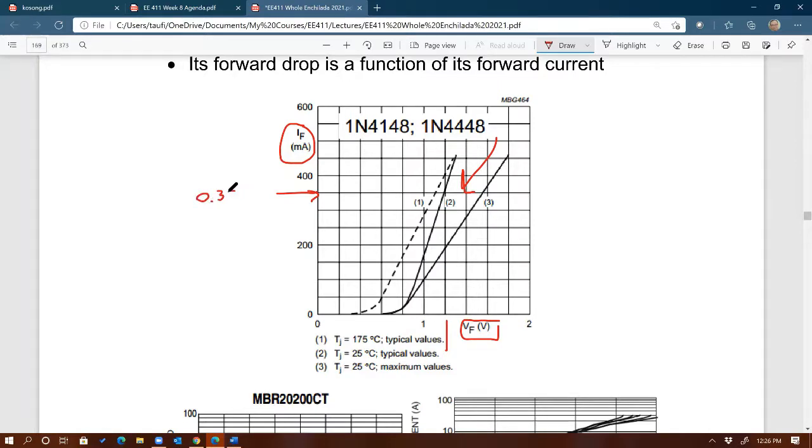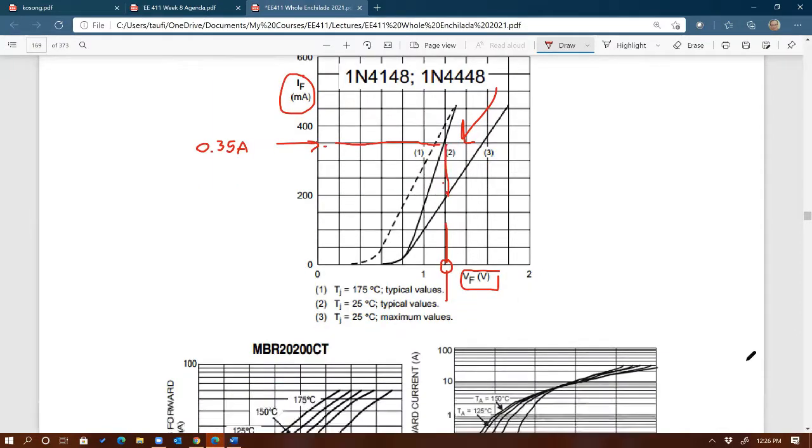amps. So when the diode is carrying 0.35 amps, you can see that the drop across that diode, if you draw a straight line across and then down on curve number 2, is about 1.2 volts.